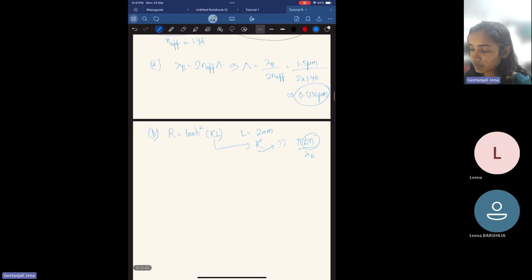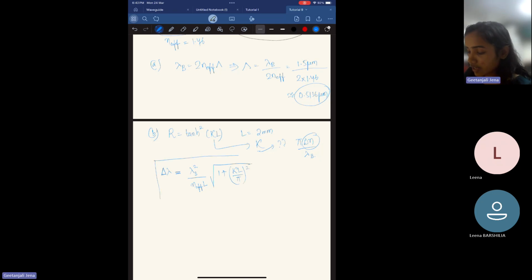So for Δλ, I will directly write the expression. When we have the pure phase matching condition, you can write Δλ as λ_B² over n_eff L times the square root of 1 plus (κL/π)².